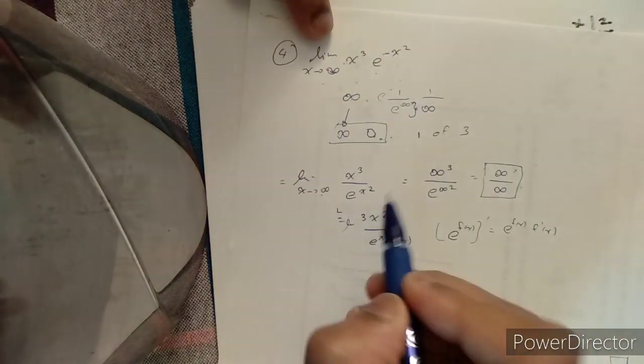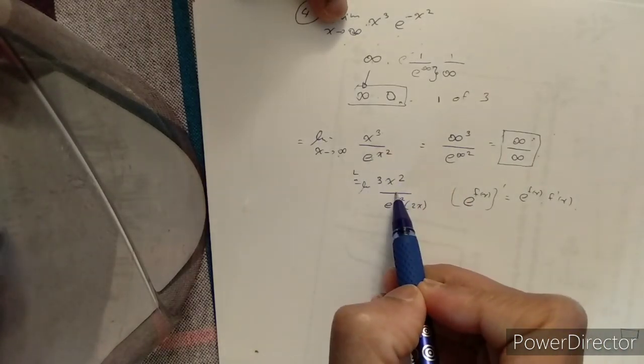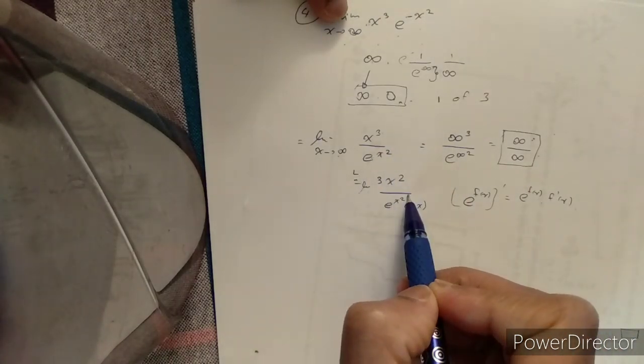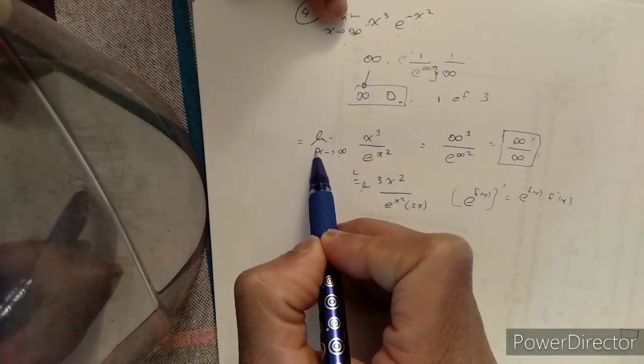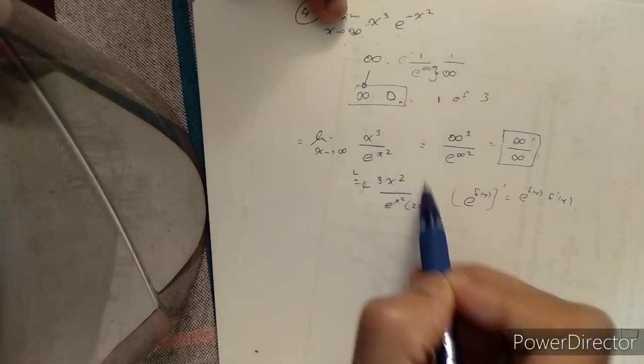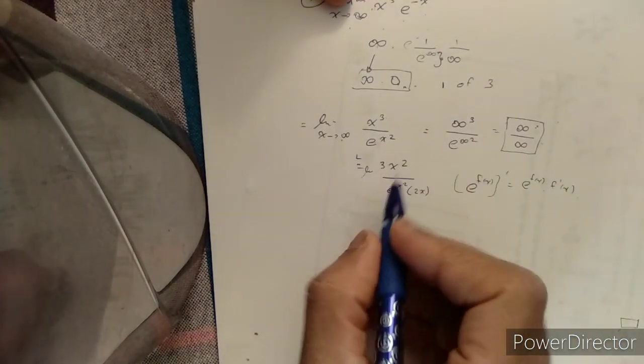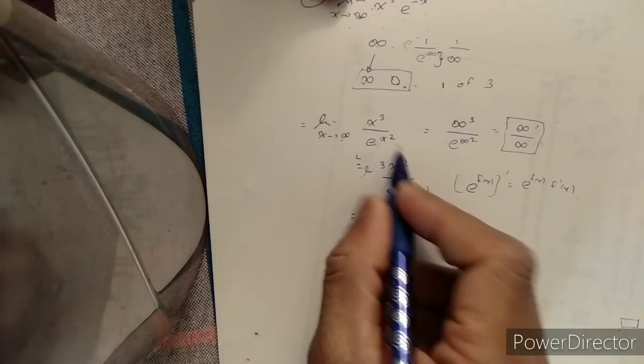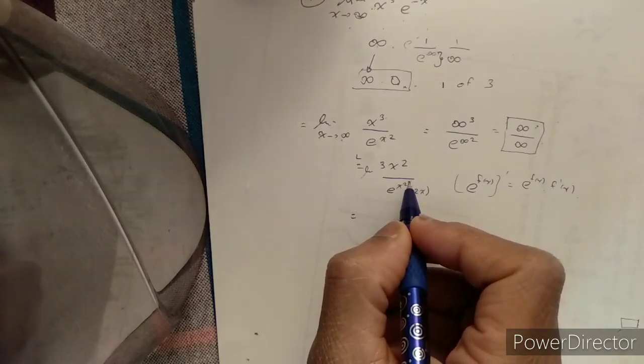We have rearranged the original problem and differentiated the numerator and the denominator. Then from L'Hopital's rule, the limit of this one is equal to the limit of this one. Now, what is the value of the limit of this new term?